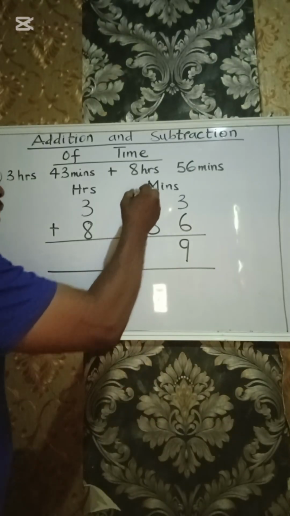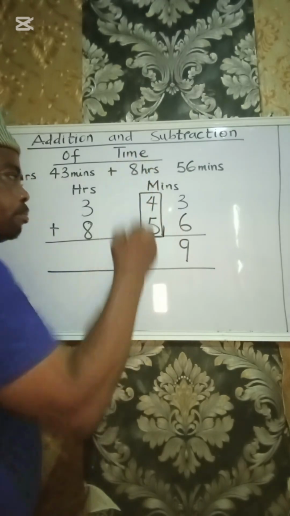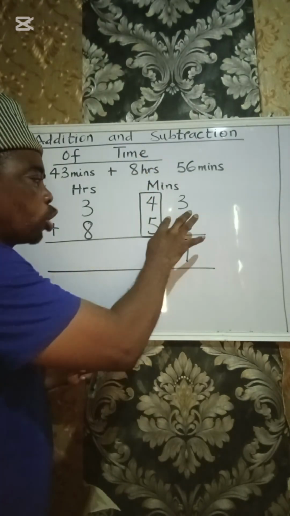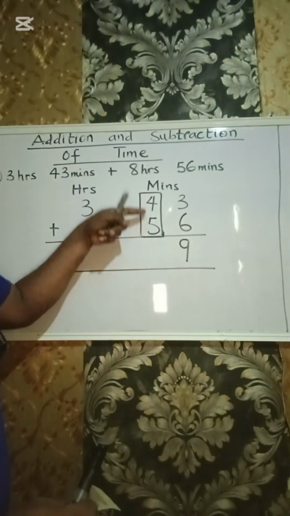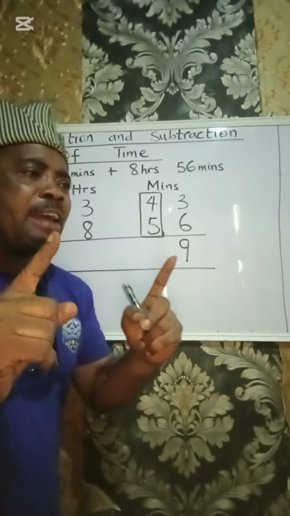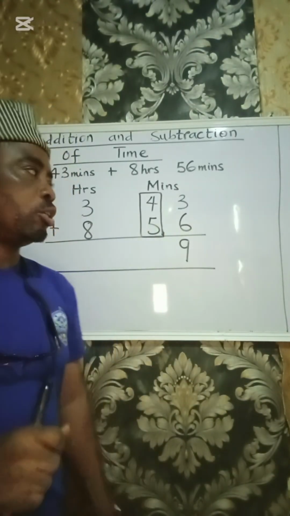Now, this is a special column. In every addition or subtraction of time that you are doing, this column here is a very special one that you need to pay very good attention to.